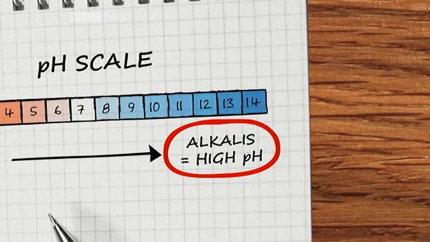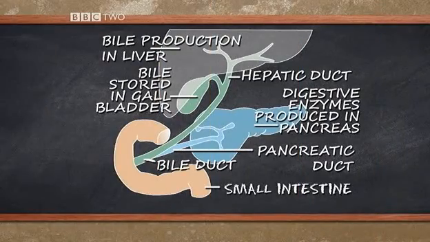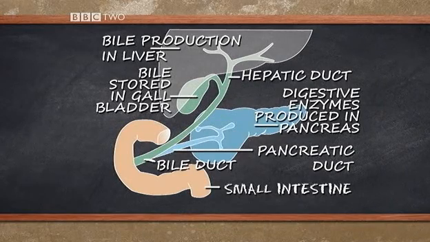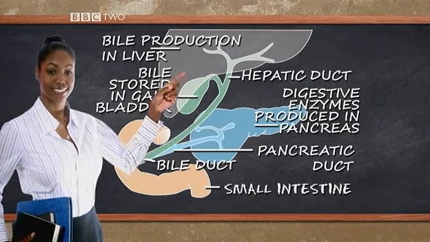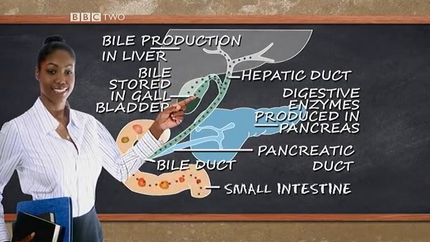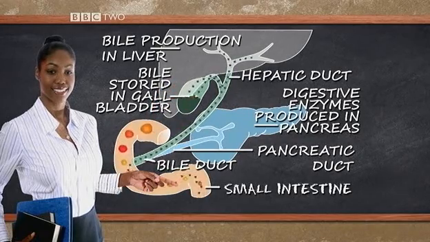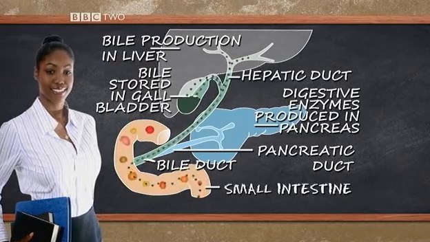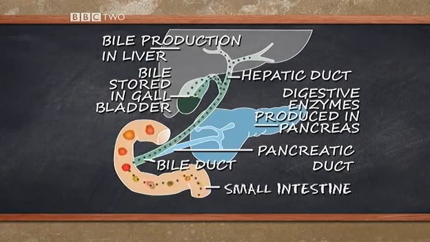That's pH values above 7. A substance called bile makes this change. Bile is made in the liver and stored in the gallbladder. It's released into the small intestine to neutralise the stomach acid. This creates the alkaline conditions the enzymes need to carry on digesting the food.